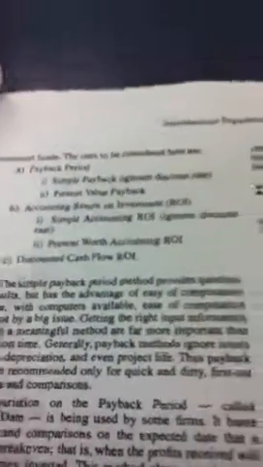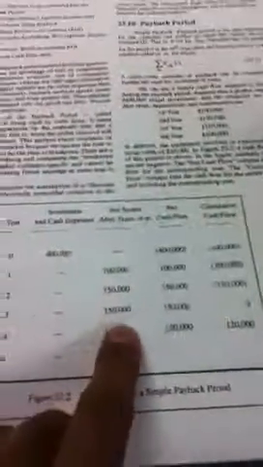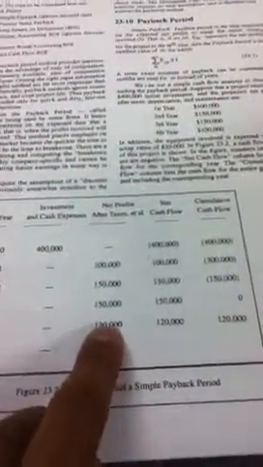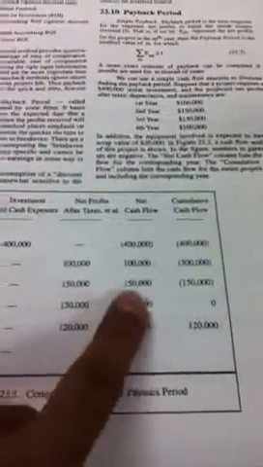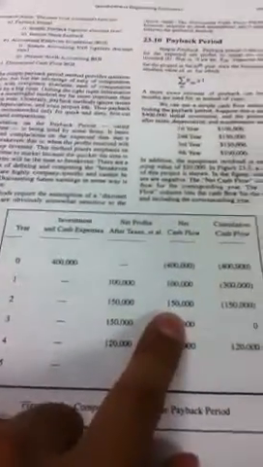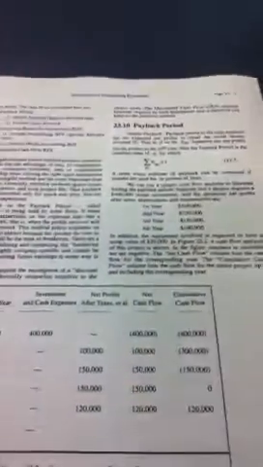The next method, present value payback, is basically you convert this profit into the present value. So how much it is worth today, this 150,000 after 2 years, how much it is worth today. To find that, on page 2, we have this equation here, which you can use to find out the present value.